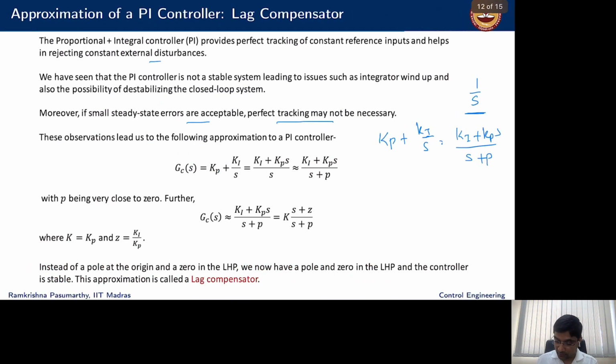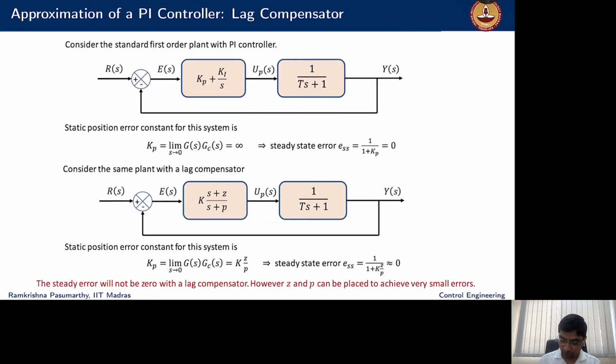Instead of the pole at the origin and the zero in the left half plane, we now have a pole and a zero in the left half plane, and the controller is stable. So this is also nice. I have a pole and a zero which are close to each other. We'll see what is the effect of this now.